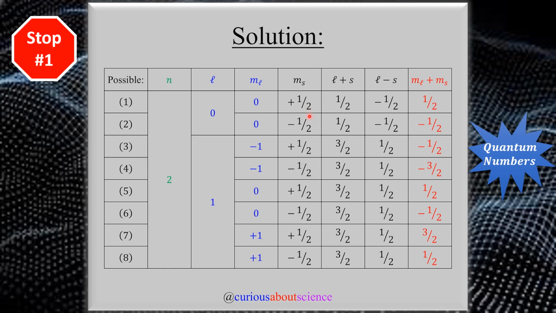And then for each of these, the magnetic spin number, m sub S, can be plus or minus 1/2, and that's due to the fact that we're dealing with an electron that has a spin of 1/2. Okay, remember fermions and half-integers, not bosons and integers. So with each of these, that's why we have 8 states here total.